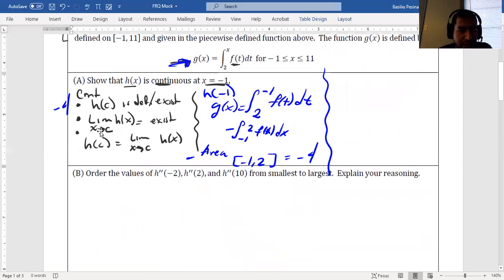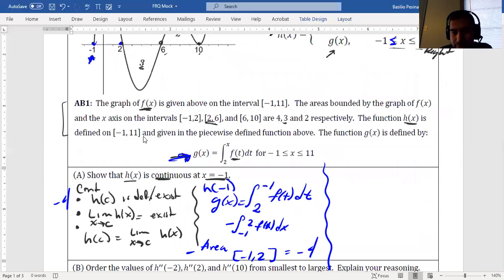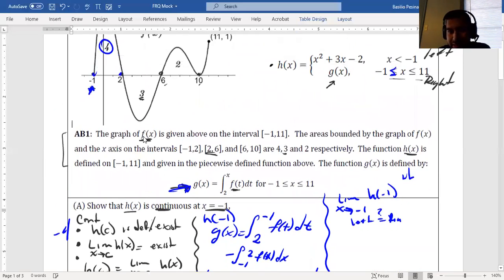And the next condition we're going to check is the limit. Does the limit exist as you approach -1? At -1, the limit as x approaches -1 of the function, you have to check the left-hand side. Does it equal the right-hand side? Because that's the only way the limit exists.